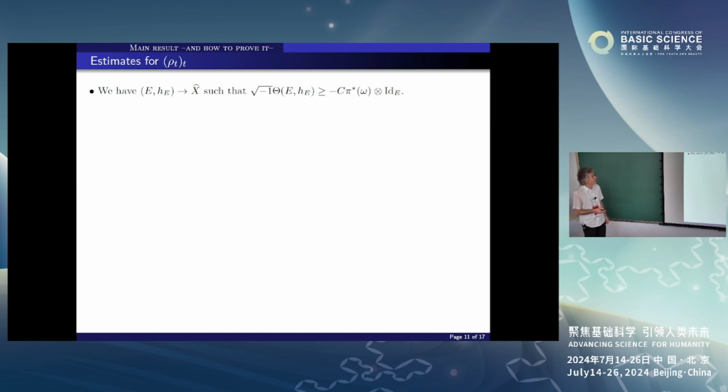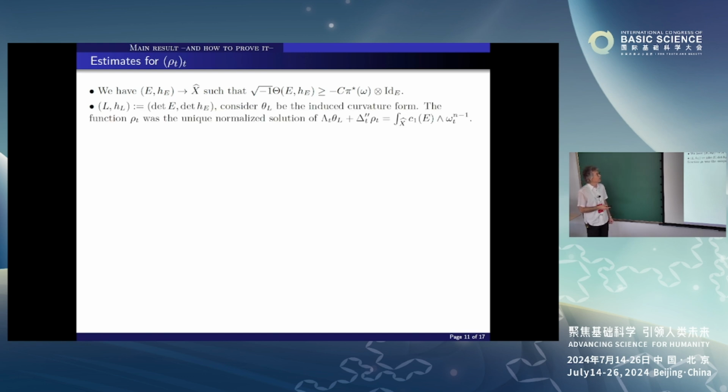So recall that we have this inequality here. The curvature is bounded from below by something coming from the base times the identity of E. And then the notation was like this. L is the determinant with the induced metric, and then rho was a function which verifies this equality here.